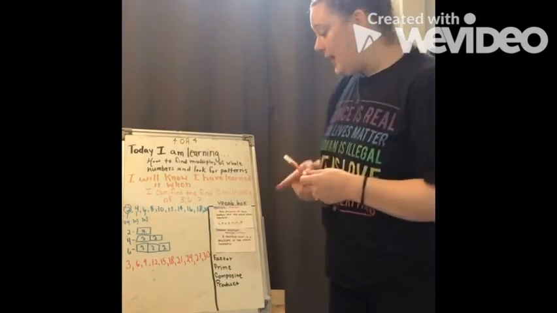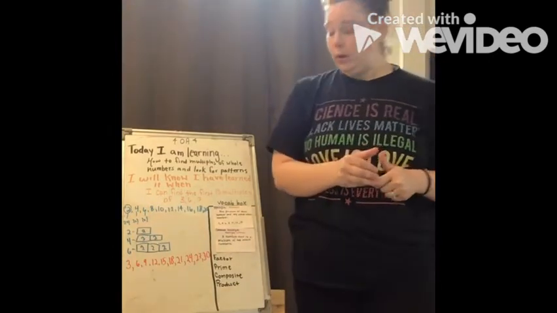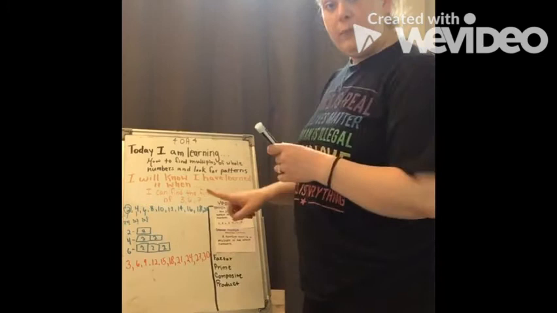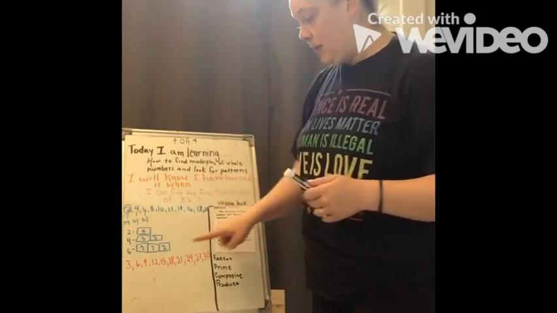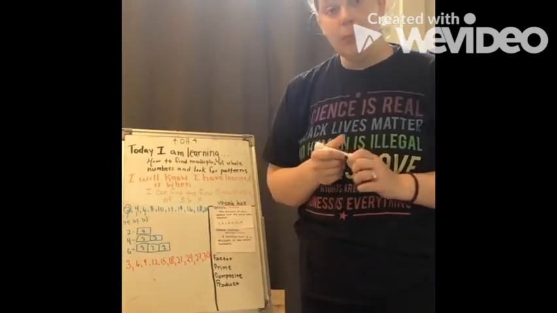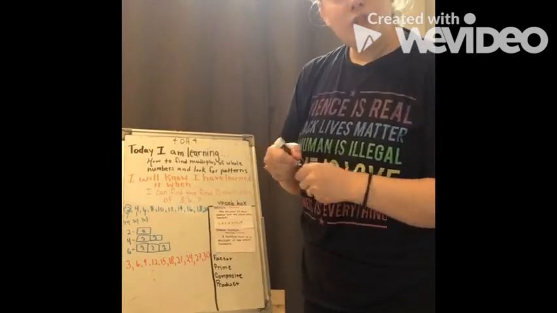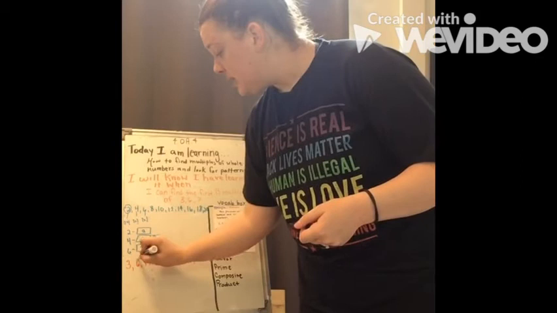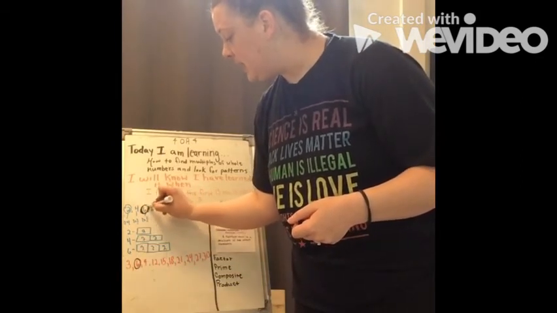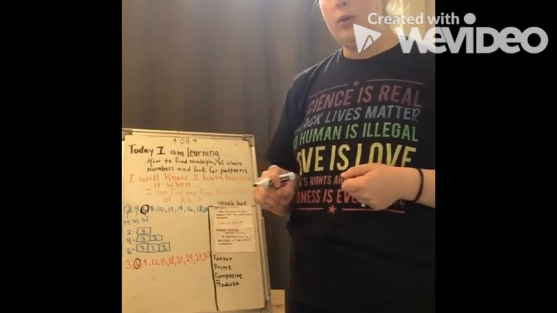Now, if we want to find a common multiple, we want to find multiples that they share. If I'm looking at my 2's and my 3's, I want to find any similar ones. I notice they share 6. 6 is a multiple of 3 and it is a multiple of 2.